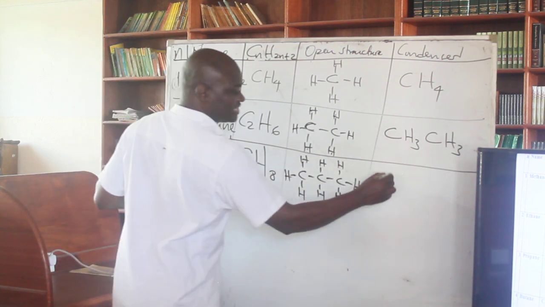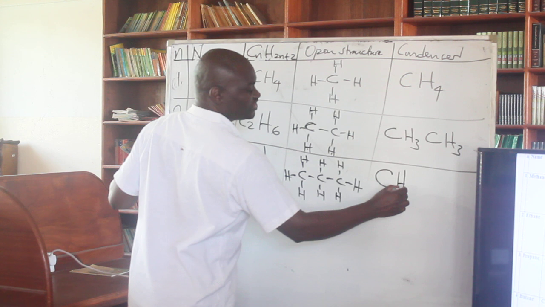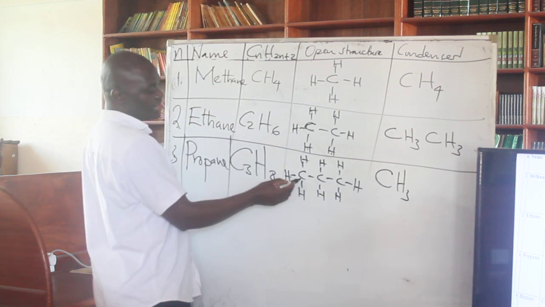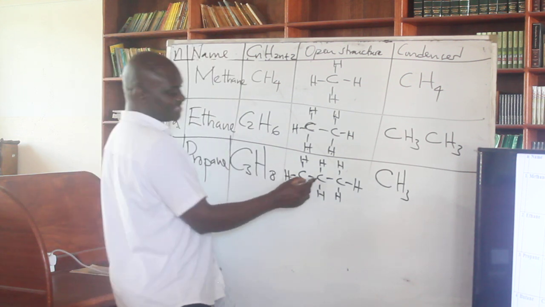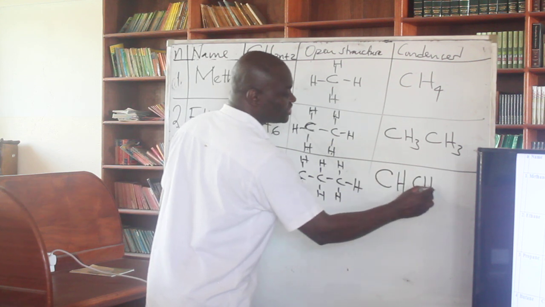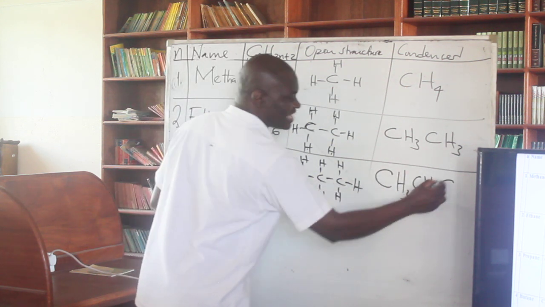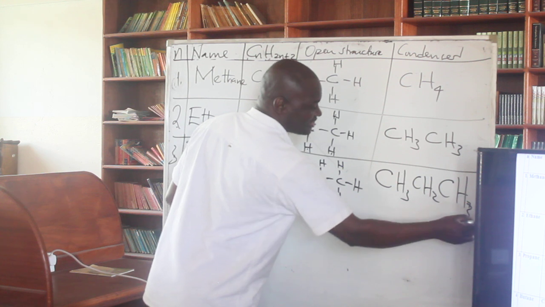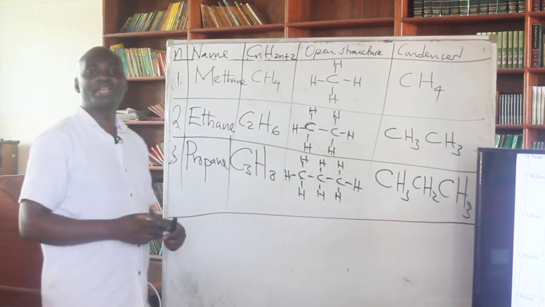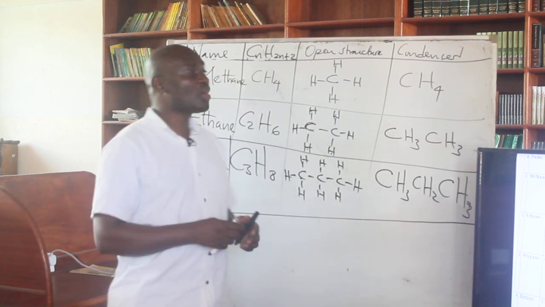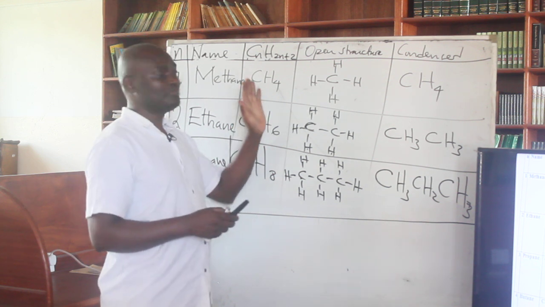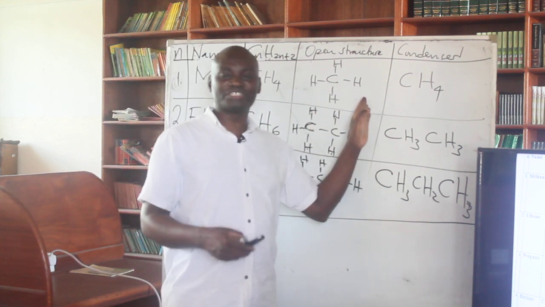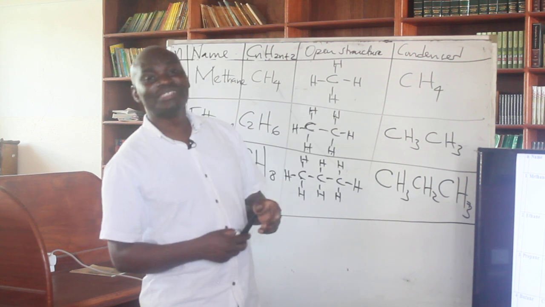Then you bring CH3: the first carbon has 3 hydrogen, the second carbon has 2 hydrogen, and the last carbon has 3 hydrogen. So that is how we come up with the molecular formula, the open structural formula, and then the condensed structural formula.